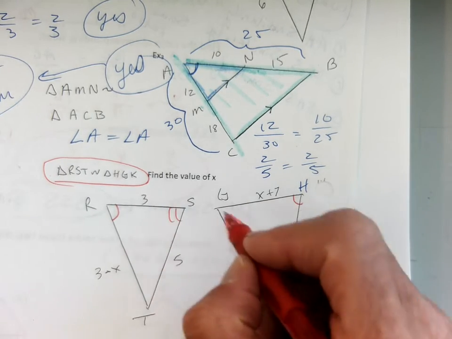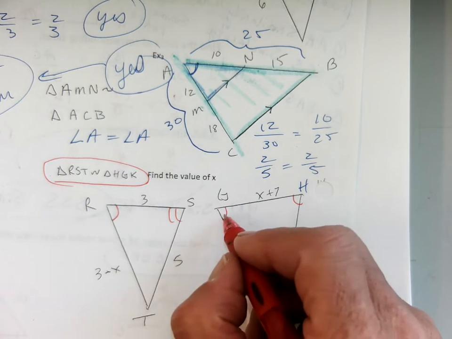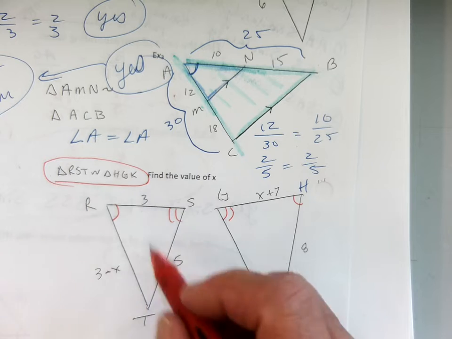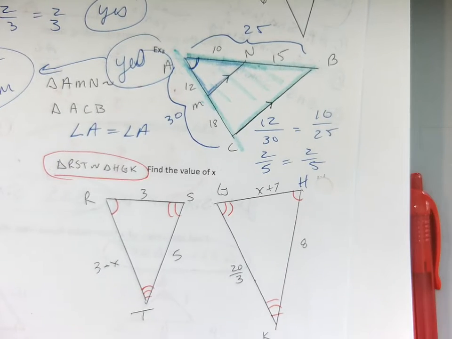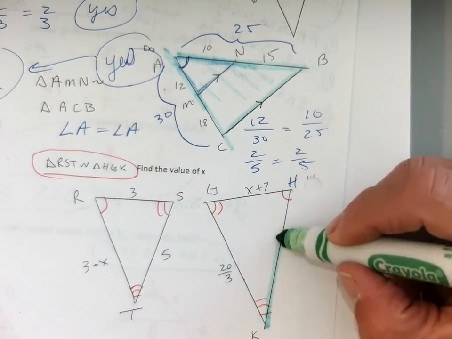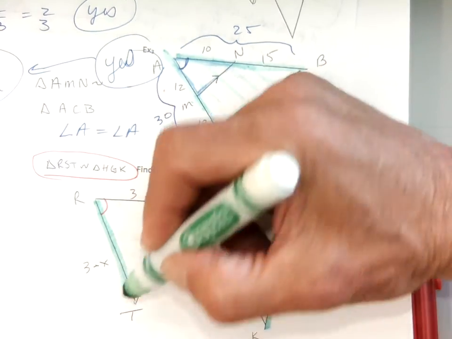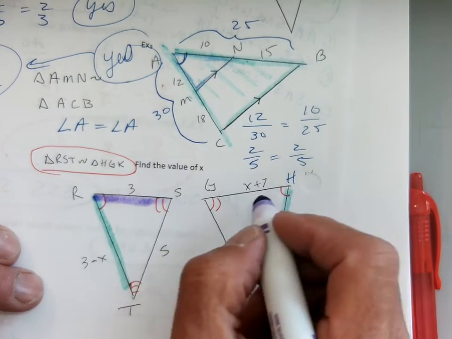S goes to G, and T goes to K. So they're kind of backwards, aren't they? So that means that this side goes to this side, doesn't it? Right? It's just backwards. And this side goes to this side.